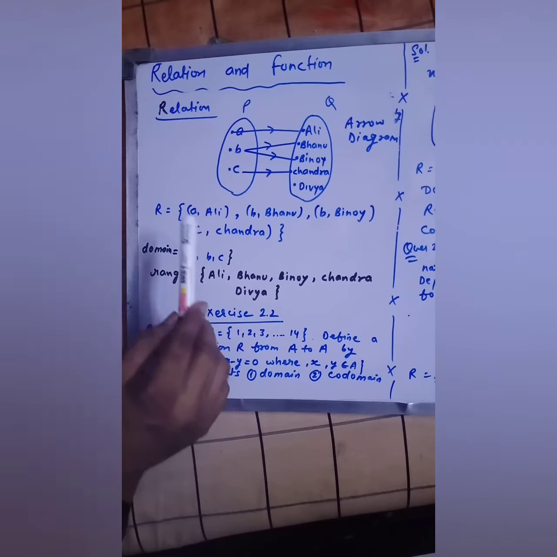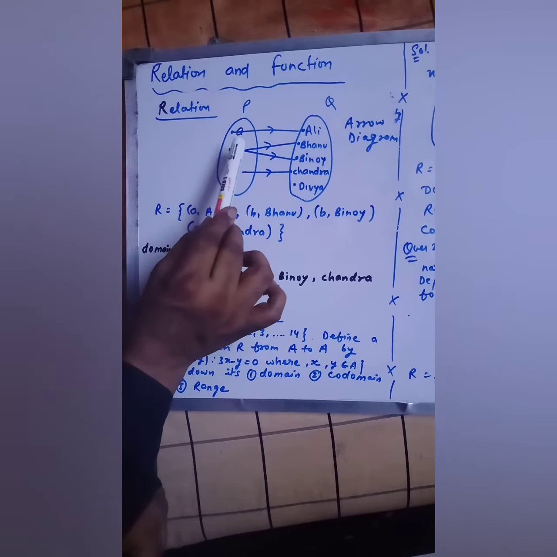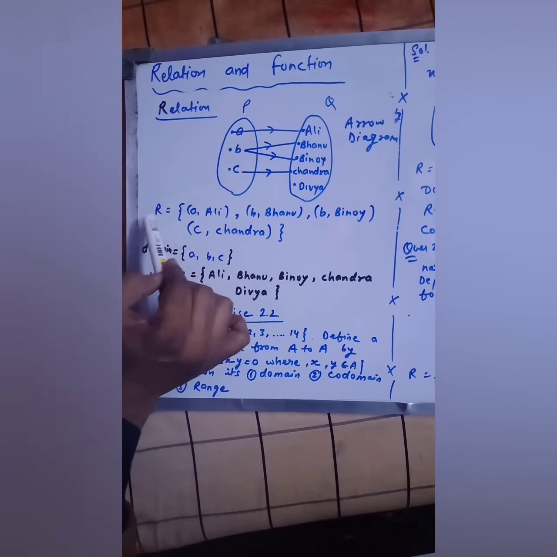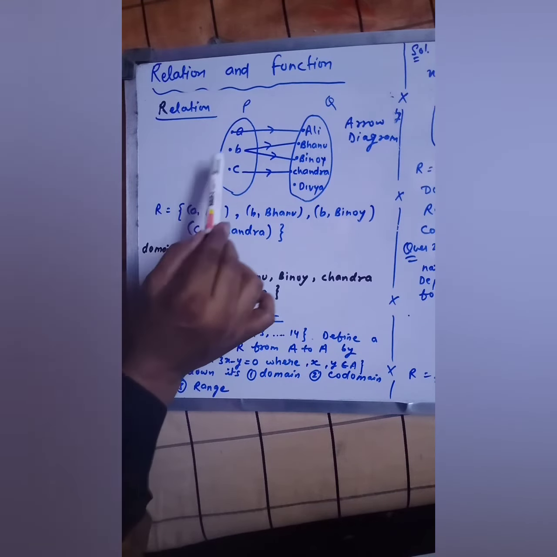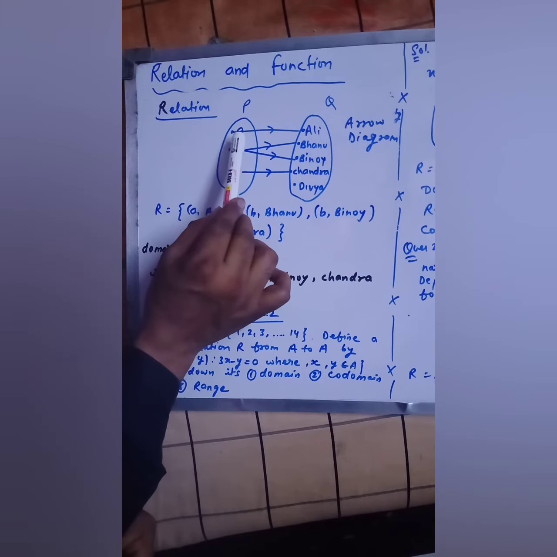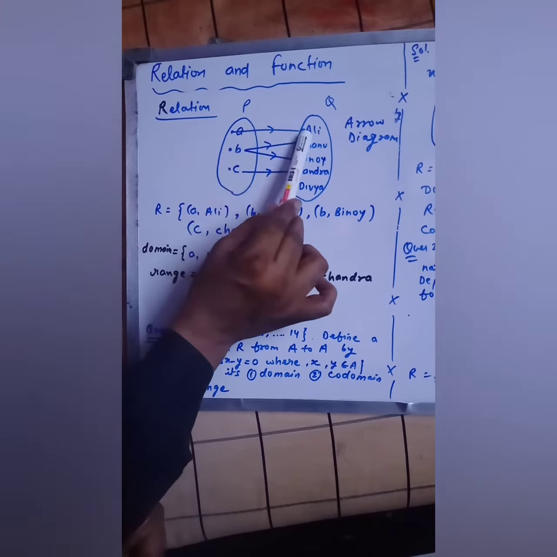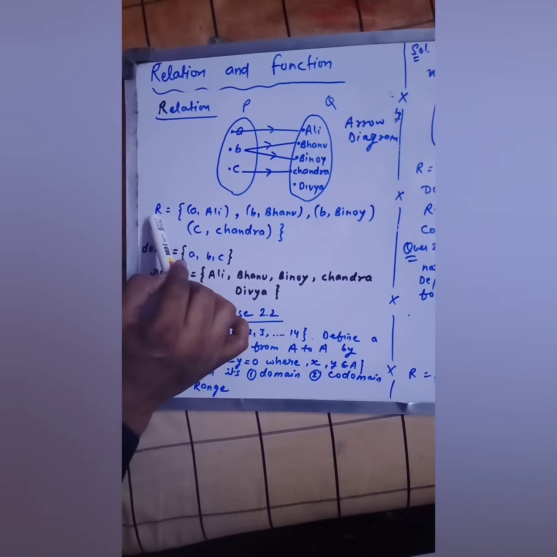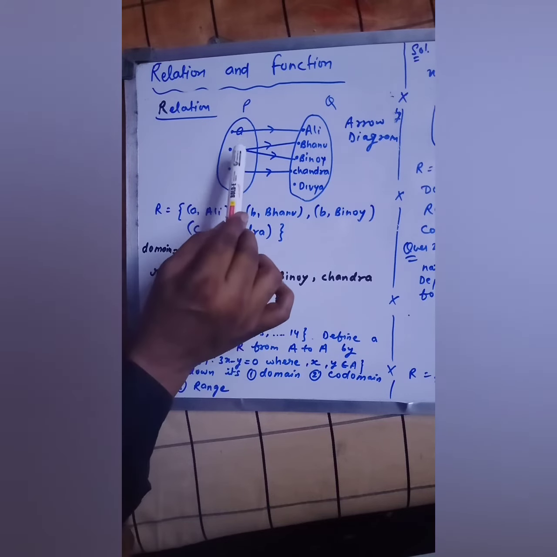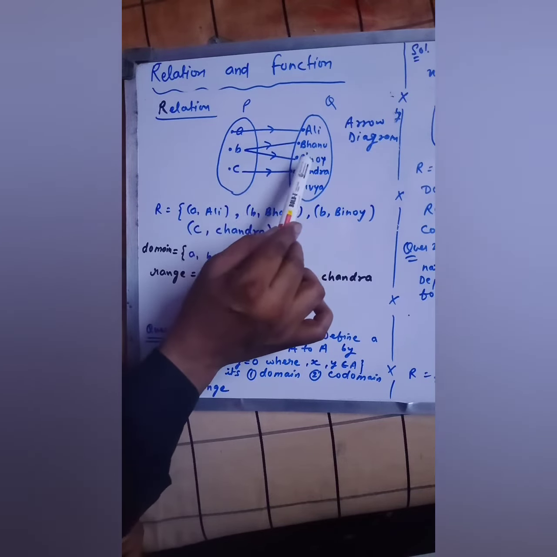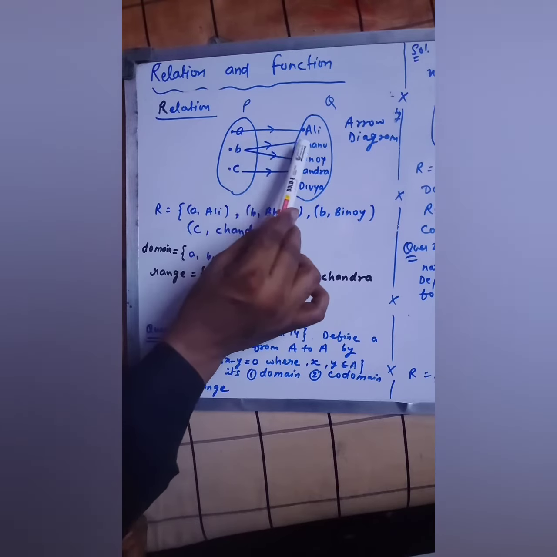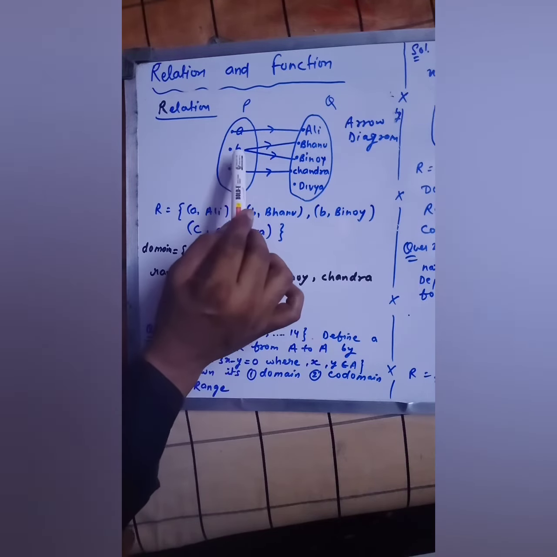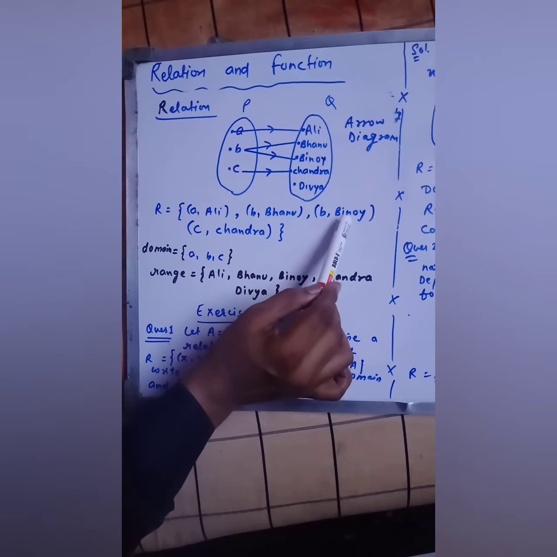If we want to write the relation, you have to write the element from P, that is A comma, and this A belongs to Ali. So we will write A comma Ali. This is an ordered pair of relation R. Then B belongs to Bhanu and Binoy, so B comma Bhanu and B comma Binoy.